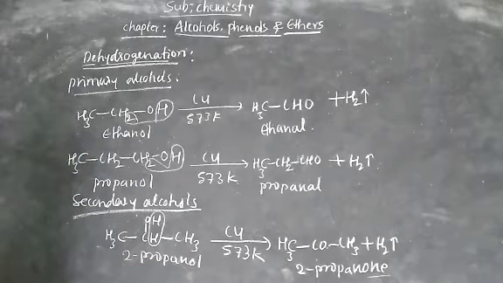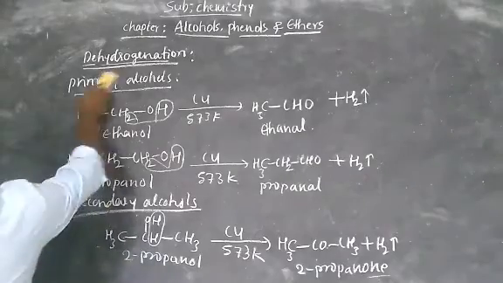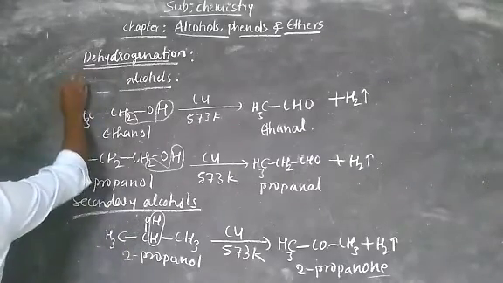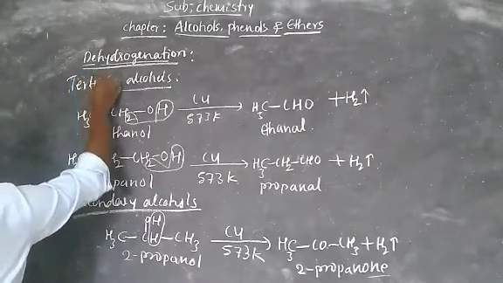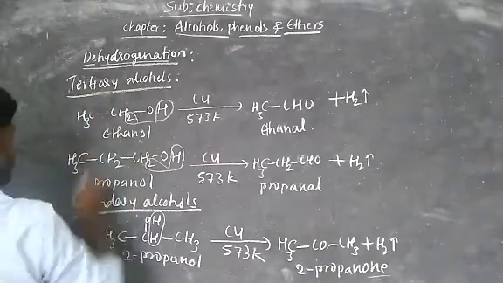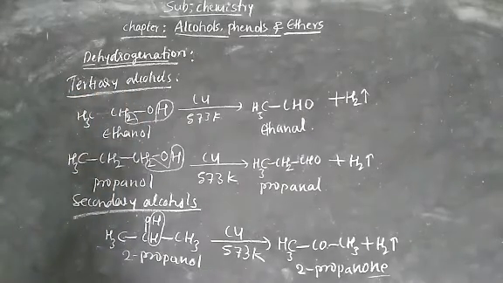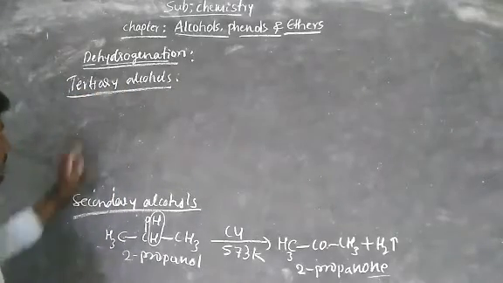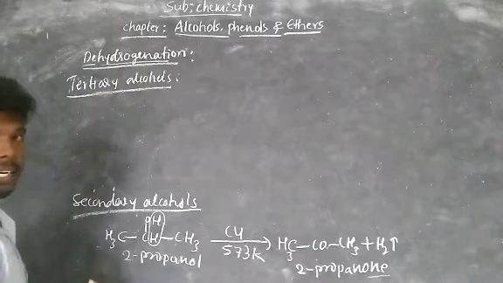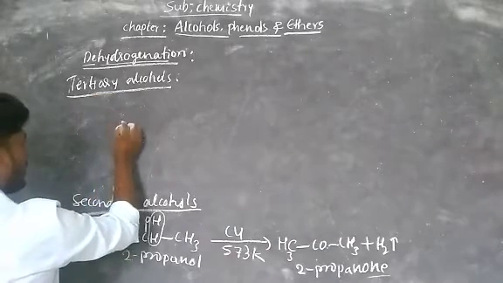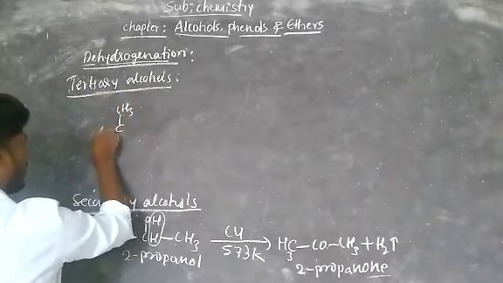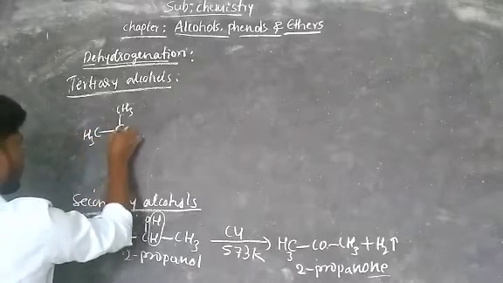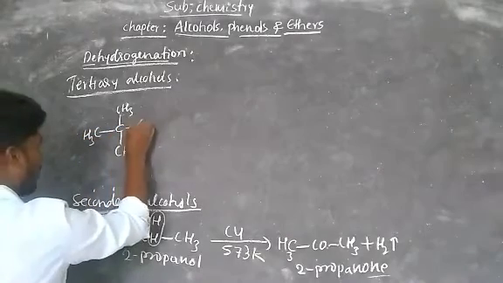Now take tertiary alcohol. Dehydrogenation of tertiary alcohol. Take tertiary alcohol, that is C bond CH3, CH3 bond CH3 bond OH.